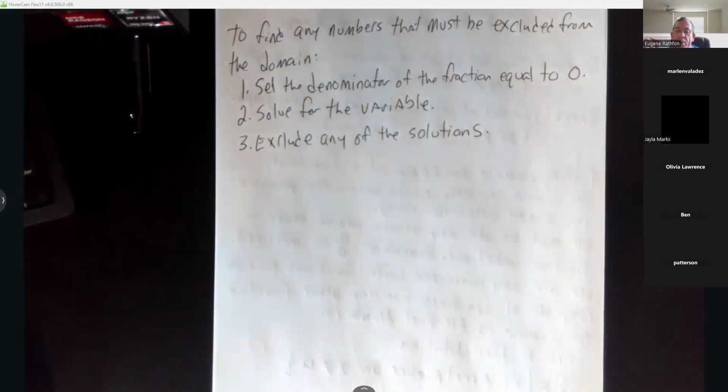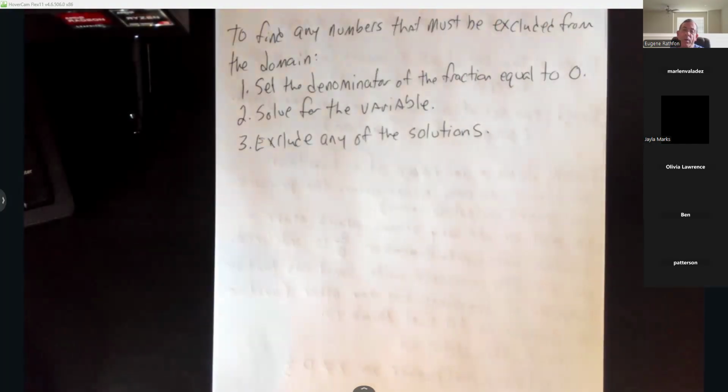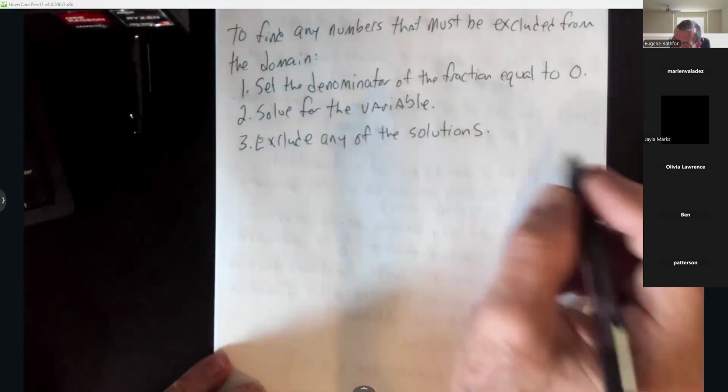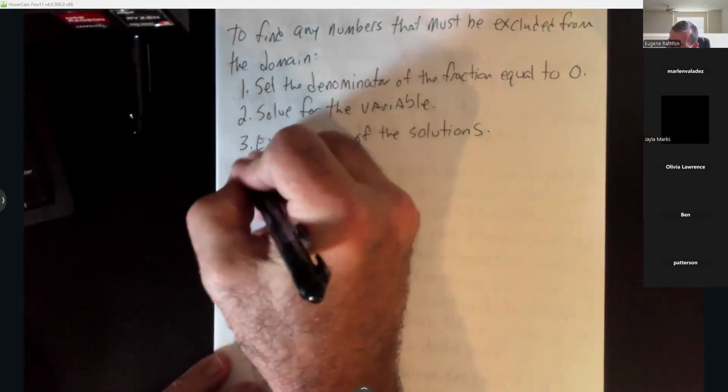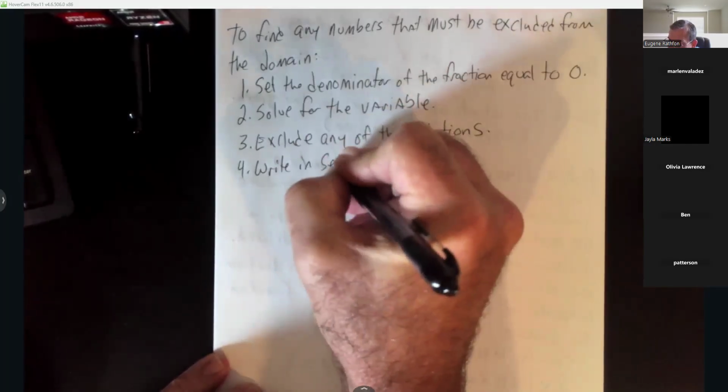So if I get one number for that, I'm going to exclude one number. Later on in life, when we get more into the quadratic stuff, we'll be excluding two numbers from our domain. But y'all, that's it. Excluding any of the solutions, right? In set builder notation.